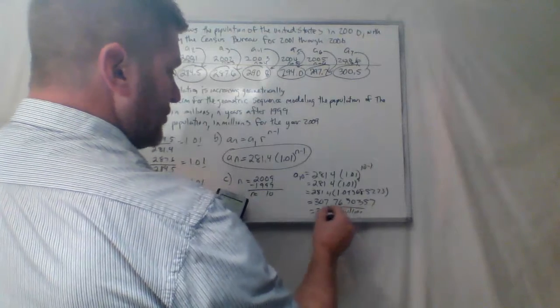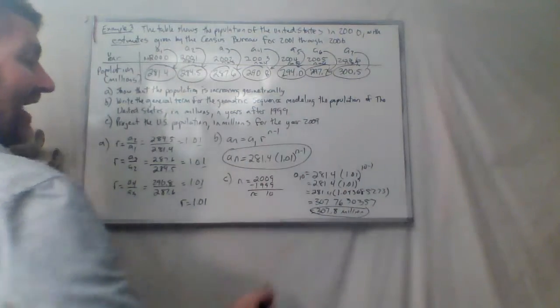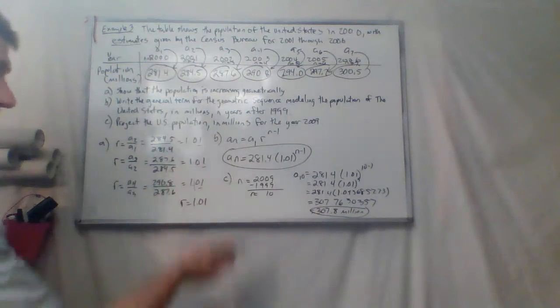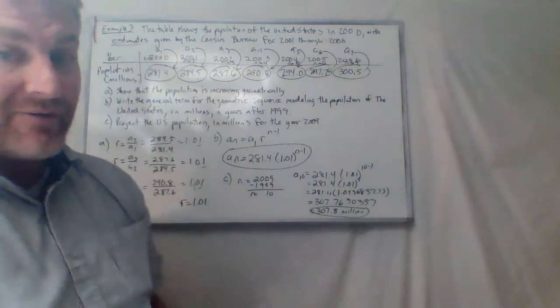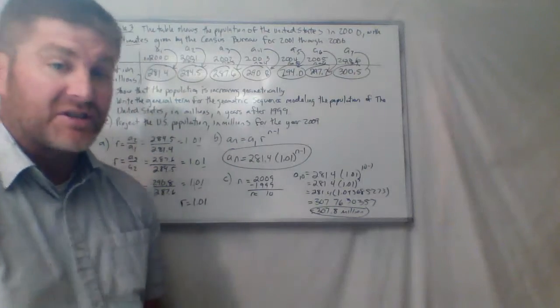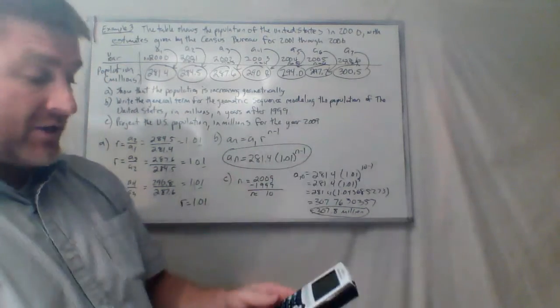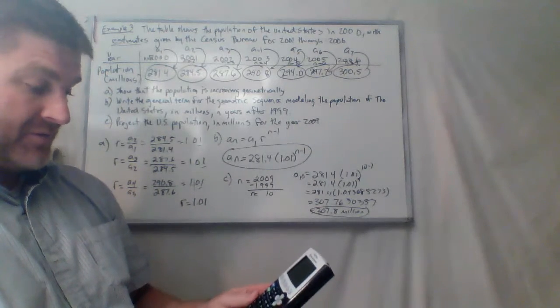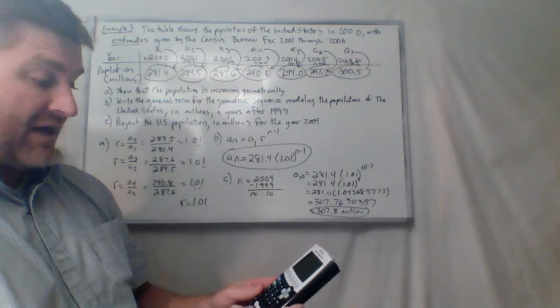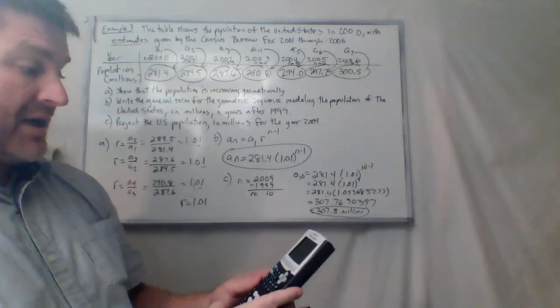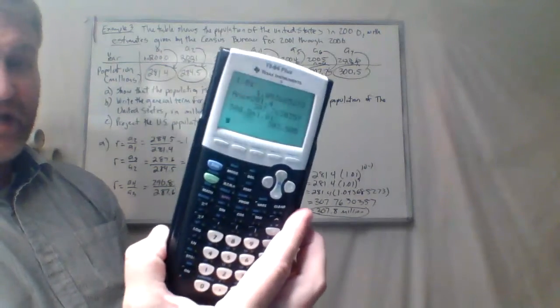Now, again, you just saw me round, just like they rounded these values. So it's really hard to get an exact common ratio with rounded values, but you could approximate just to generate an idea, even with these estimations. And we can see what it's going to be. Now, if I went 300.5 times my common ratio, 1.01, I get what it would be for A8.